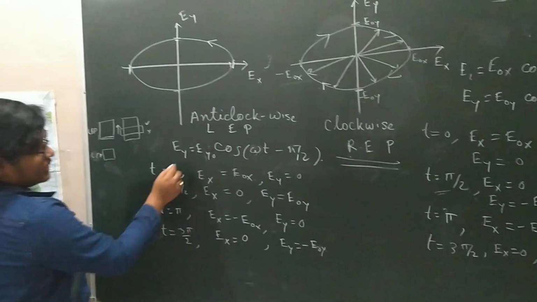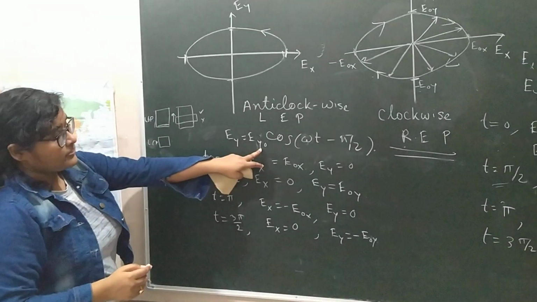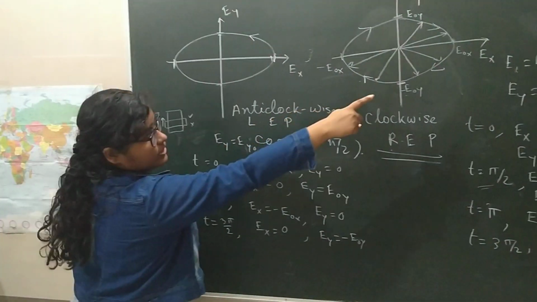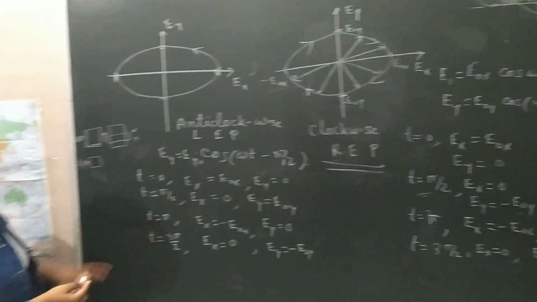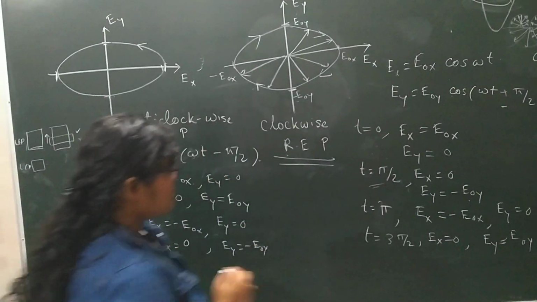Now if you have the electric field component along the y direction, Ey equals E naught y cos omega t minus pi by 2, and Ex equals E naught x cos omega t, what will happen? You have done nothing, you just changed the plus to a minus sign. Let us see.